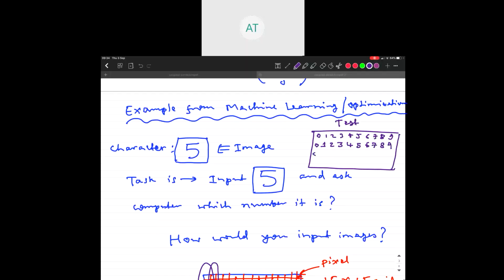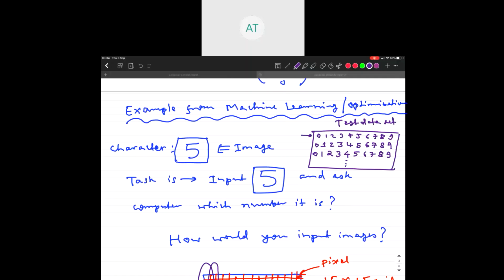You can also write it as 0, 1, 2, 3, 4, 5, 6, 7, 8, 9. So test data set and so on, right?